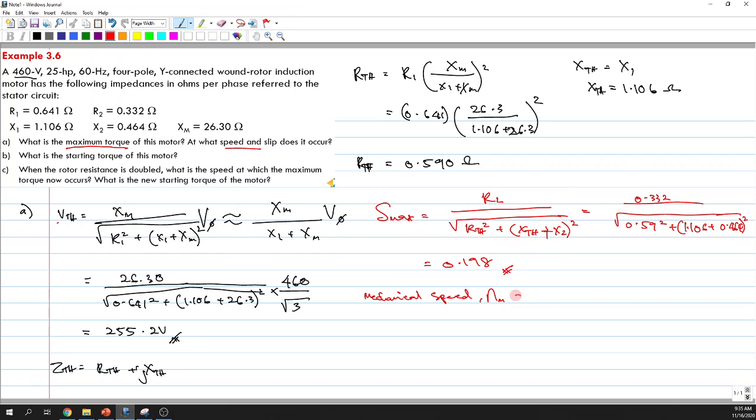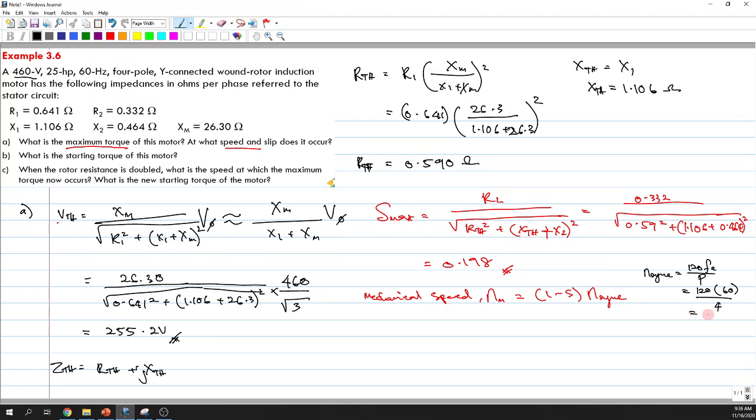We just use the equation Nm equals 1 minus s times n sync. For n sync we can easily use the formula n sync equals 120 Fe over P. This is 120 times the frequency, 60, over the number of poles, 4.